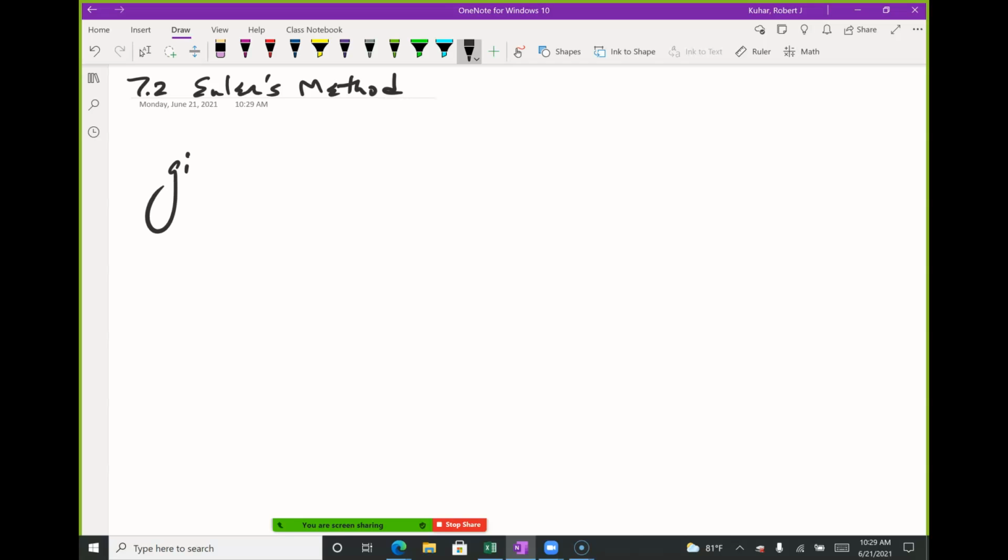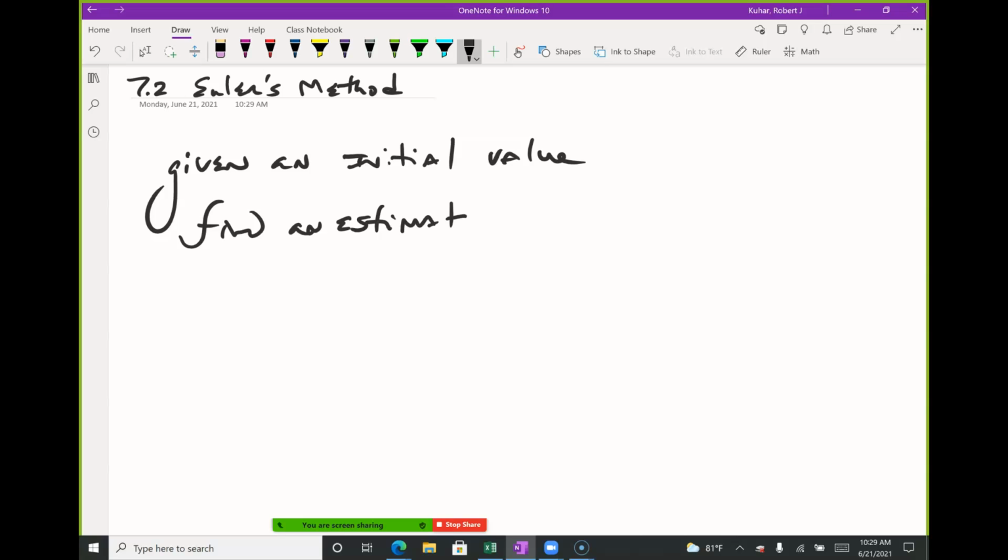Given an initial value, find an estimated future value.